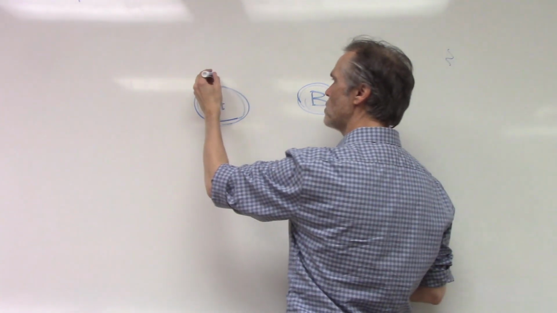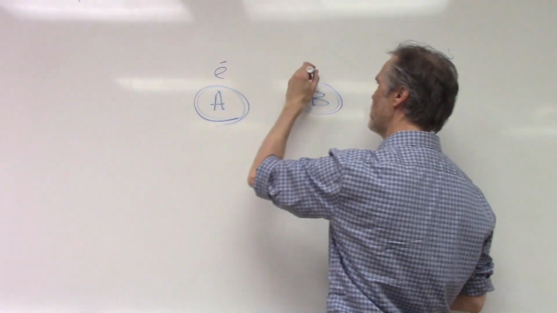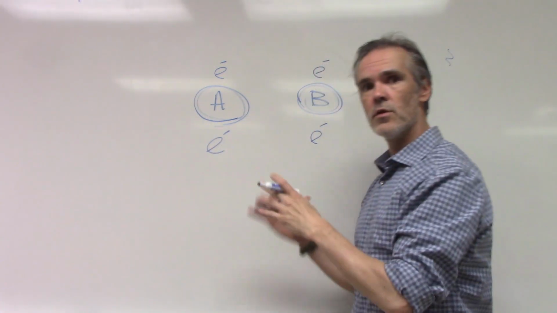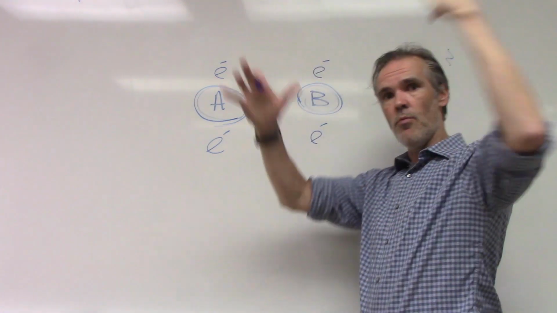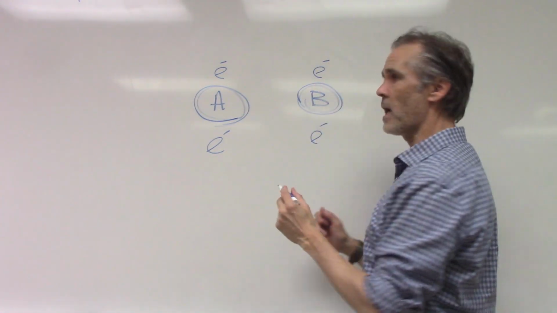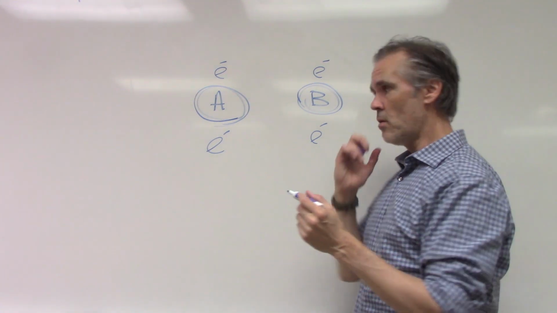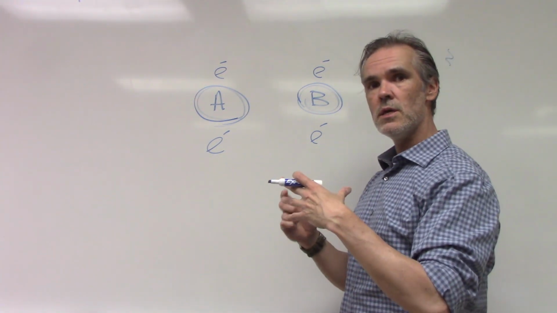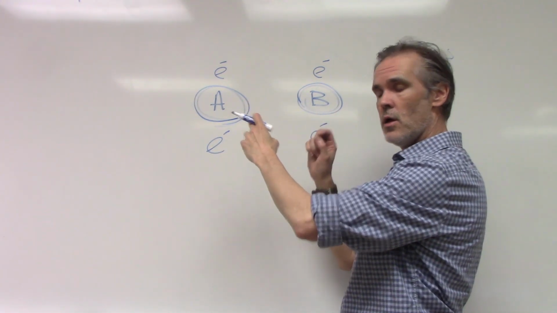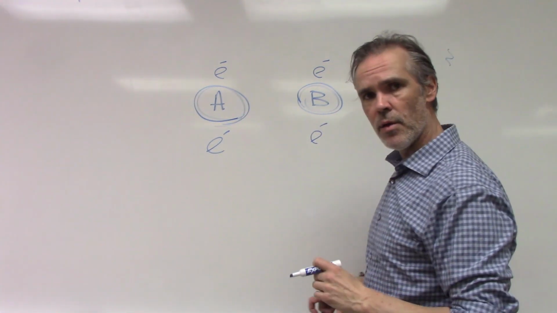Don't forget that electrons are at the periphery of the nucleus, on the outside, somewhere around in some space. And it is possible for those electrons to be shared between the two atoms. So how is that possible?